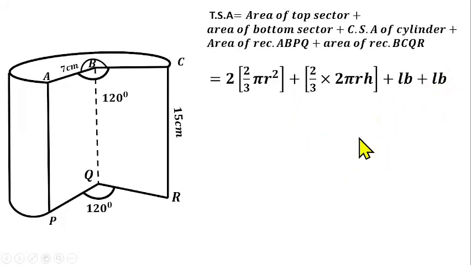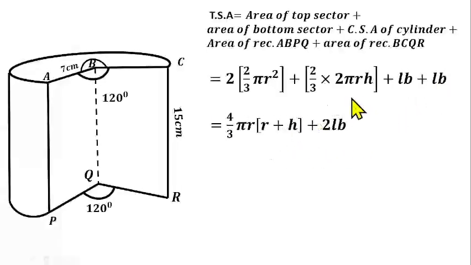Then from there, if you simplify that further, LB plus LB will give us 2LB here, and 2 times 2/3 will give us 4/3. Then 2 times 2/3 also will give us 4/3 here.